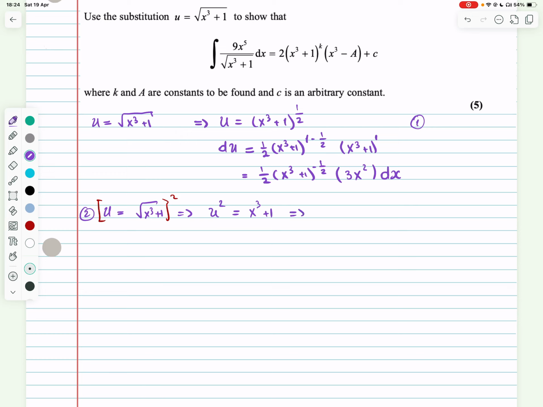Then moving the 1 to the other side, x cubed equals u squared minus 1, and finally x is the cube root of u squared minus 1.